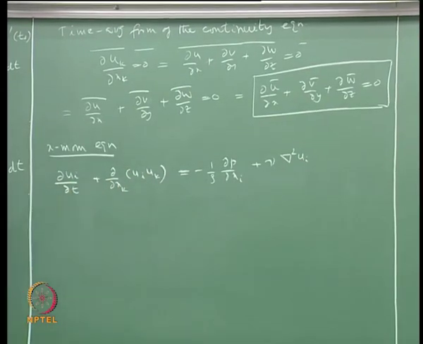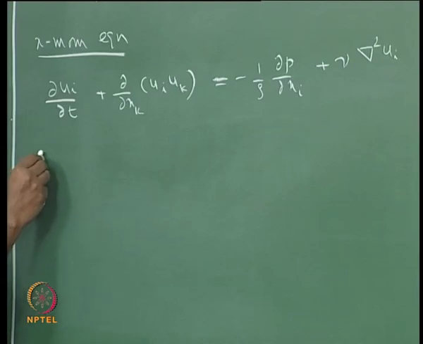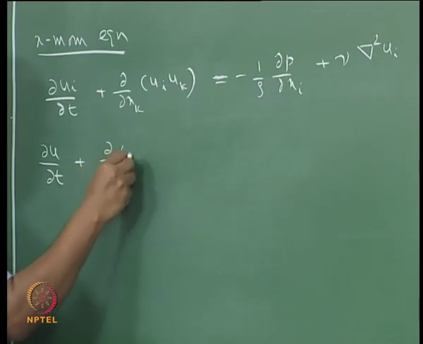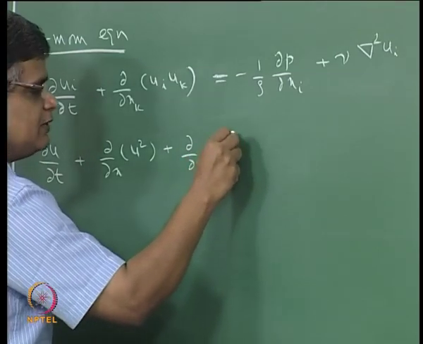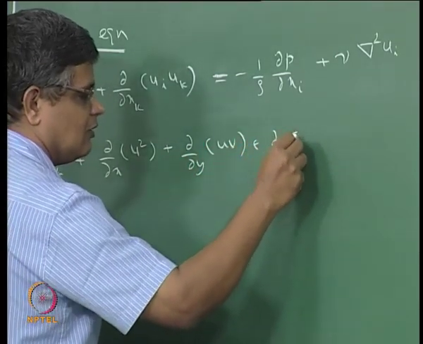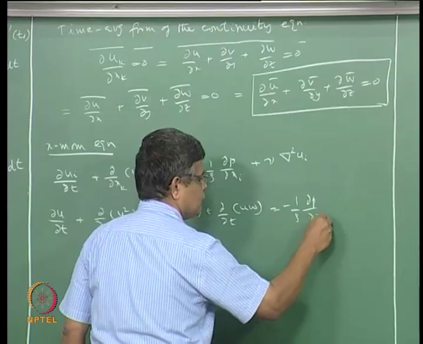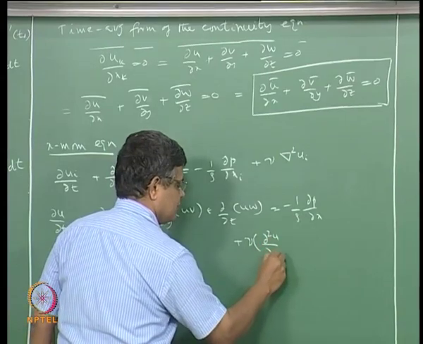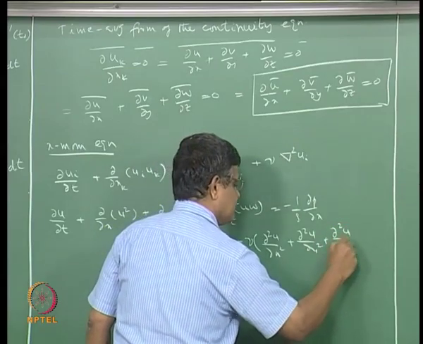We are neglecting the effect of gravity because if you have constant density it does not play much part. So we can expand this and write ∂u/∂t + ∂/∂x of u square + ∂/∂y of uv + ∂/∂z of uw equal to minus 1 by rho ∂p/∂x plus nu times (∂²u/∂x² + ∂²u/∂y² + ∂²u/∂z²).